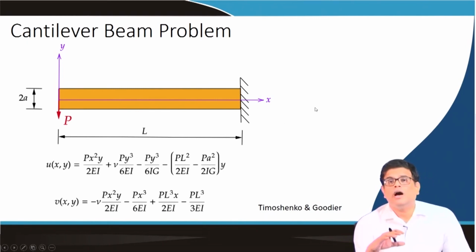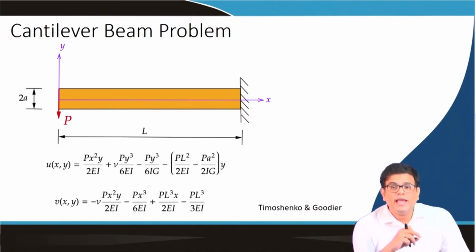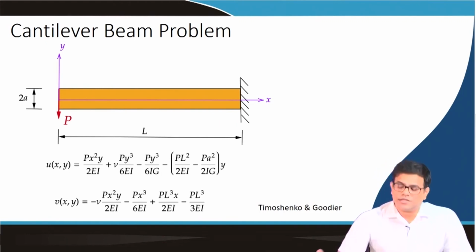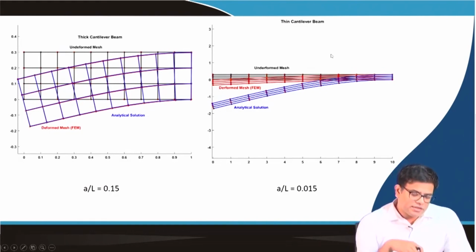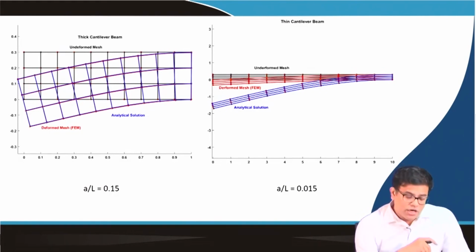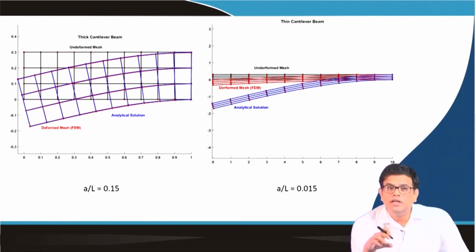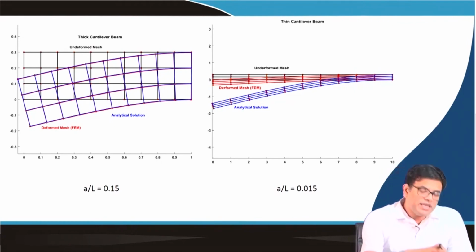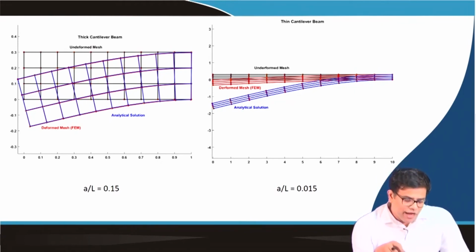Now the same problem, if I just change my A by L ratio, that means the thickness by length ratio, let us look first at how the finite element mesh is behaving. So the first figure is essentially a thick cantilever beam, where A by L ratio is 0.15, so basically the thickness is 0.3, and then if I plot the finite element solution and the analytical solution, you will see that the finite element solution is almost matching the analytical solution.